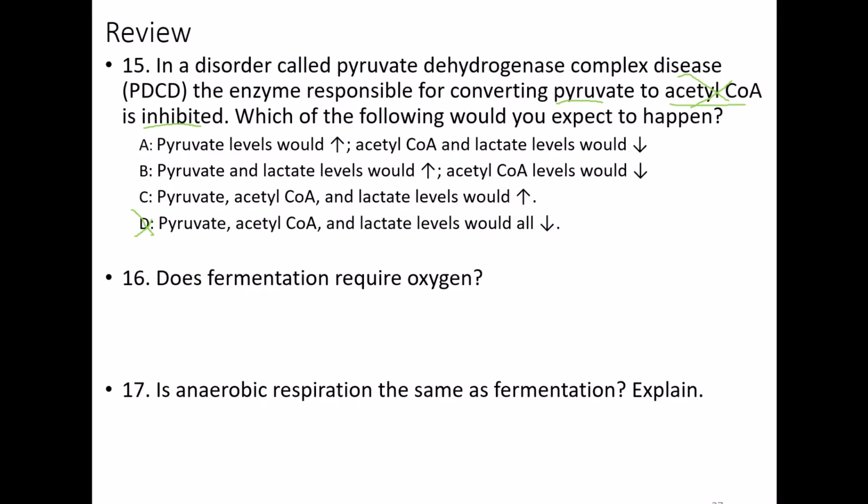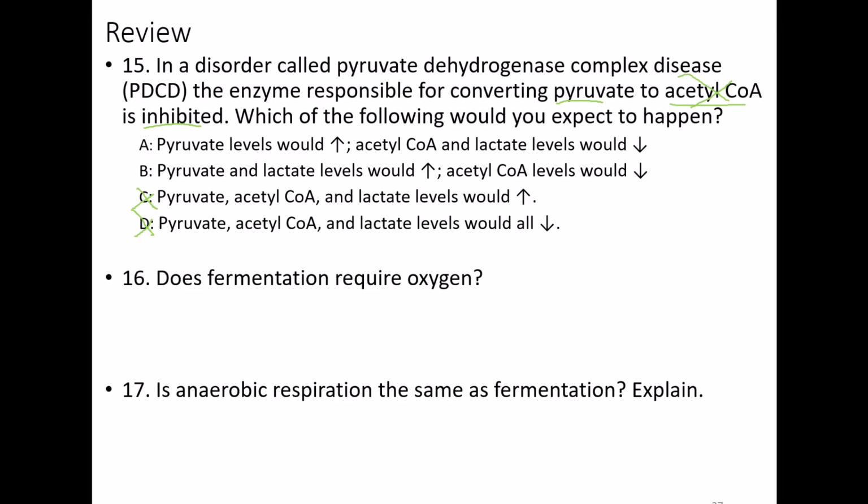And then we said since that reaction is inhibited, acetyl coenzyme A levels are going to go down. So A says pyruvate goes up, acetyl coenzyme A goes down. That could work. B says pyruvate goes up, acetyl coenzyme A goes down. That could work. C says everything goes up, so C is a lie.